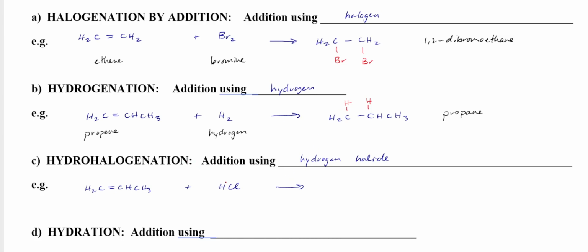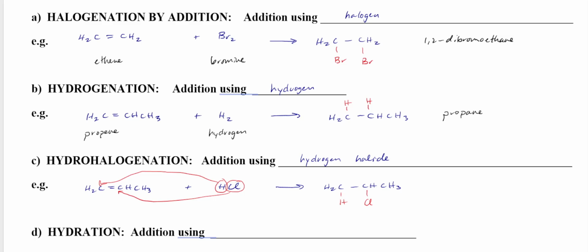In this case right here, the hydrogen will always be added to the carbon with more hydrogens, whereas the second half of the molecule goes to the carbon with fewer hydrogens. So what we end up with is H2C-CH-CH3. And in this case right here, my H is attaching to the carbon with already more H's, and the chloride is attaching to the other carbon.